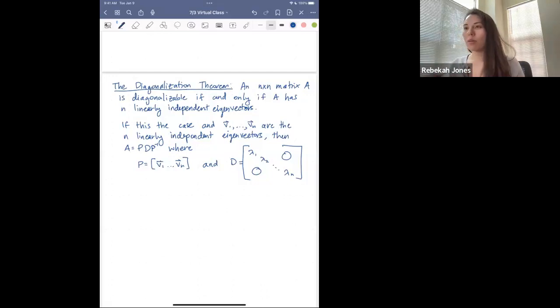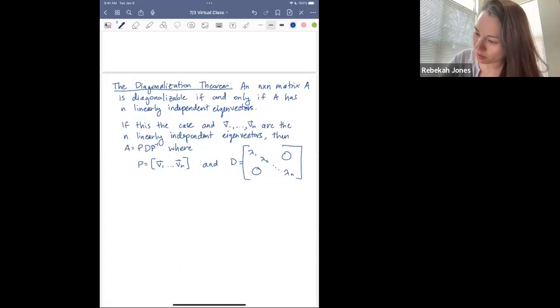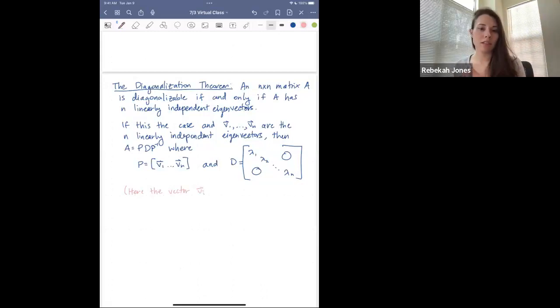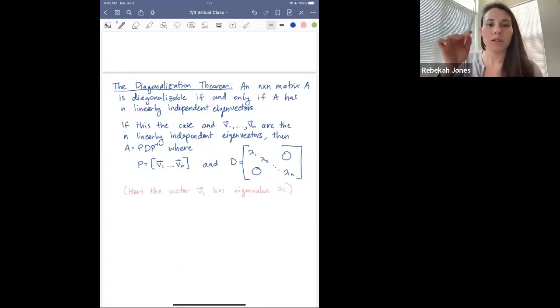Okay, so an important thing is that the vector vi, the ith vector in that list of n linearly independent eigenvectors, has eigenvalue lambda i. So I'm saying that those indices on the eigenvectors should match up with the indices on the eigenvalues, right?